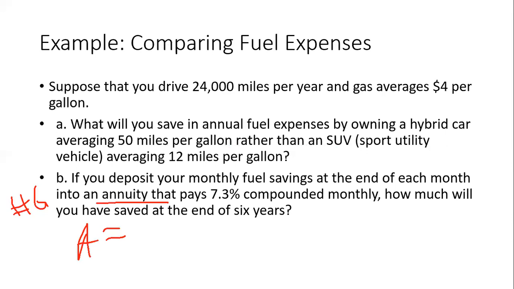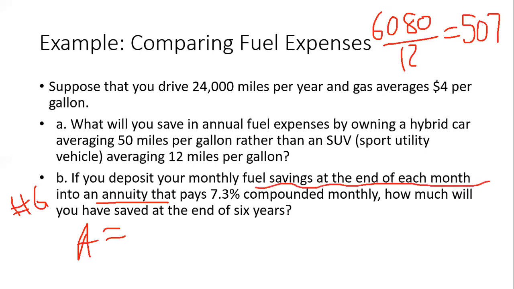So if we save 6,080 for the year and we divide that up across the year, we're going to divide by 12, and that would be $507 that we could deposit a month. So since we are depositing at the end of each month, we're going to have to divide that total up. So the amount we deposit is 507.